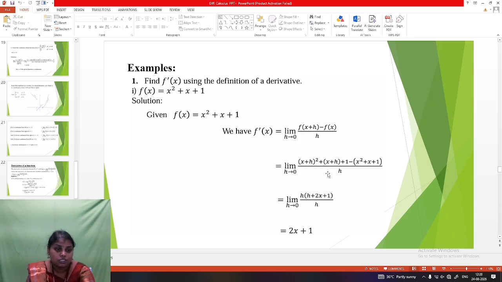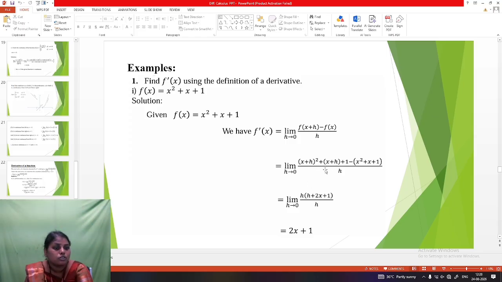Divided by h. So (a plus b) whole square is a square plus b square plus 2ab, so x square plus h square plus 2xh plus x plus h plus 1. So x square minus x square cancel, minus x plus x cancel, 1 minus 1 cancel. Remaining value: h square plus 2hx plus h.